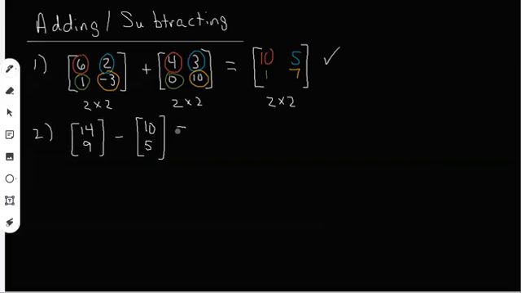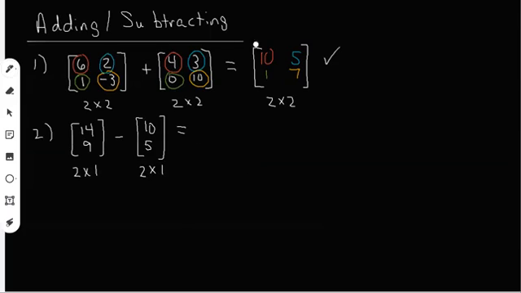See if you can get this one before I get it. Now keep in mind how many rows and columns we're dealing with. Both of these matrices have 2 rows, but they only have 1 column. So this is a 2 by 1, and this is also a 2 by 1.